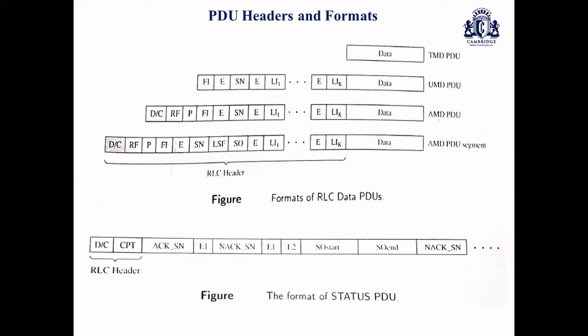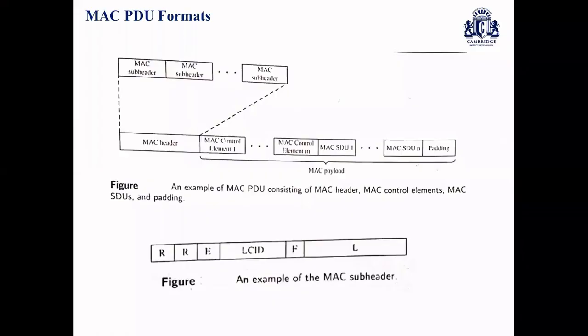And we have one more field called the L field, the length field, which indicates the length of the corresponding MAC PDU. So the execution of these and the subsequent negative acknowledgement has been discussed in this slide with proper structures. That's about RLC PDU formats.